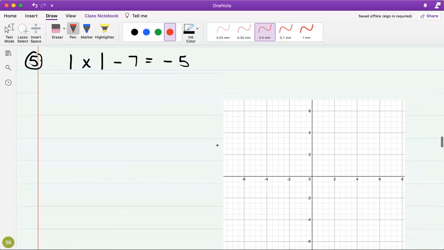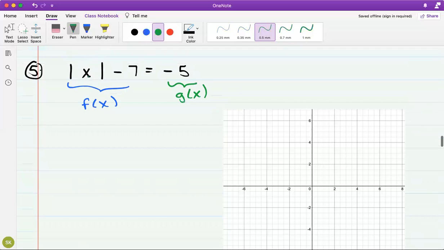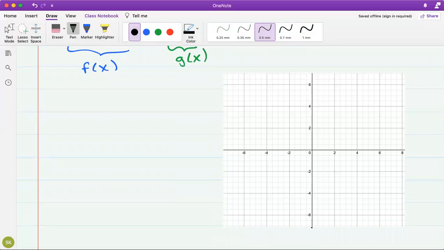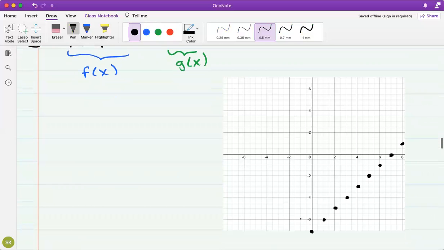All right, so problem 5. I am going to, again, we can do it 2 ways. This can be our function f of x. This can be our function g of x. I'm going to graph it first because you can see this is the absolute value moved down 7. So this function looks like this. I don't even have to go that far up, but I'm going to.